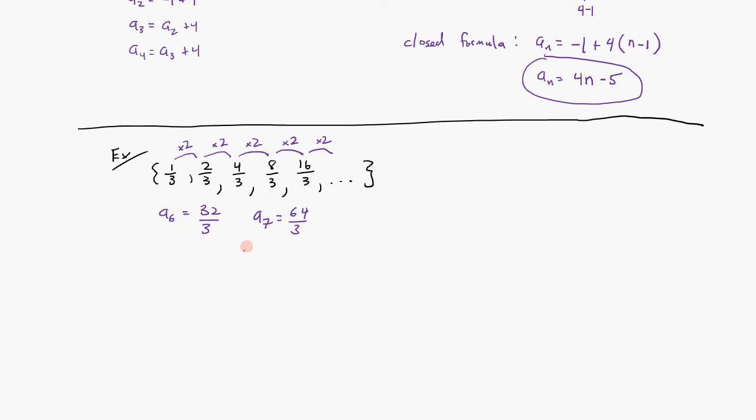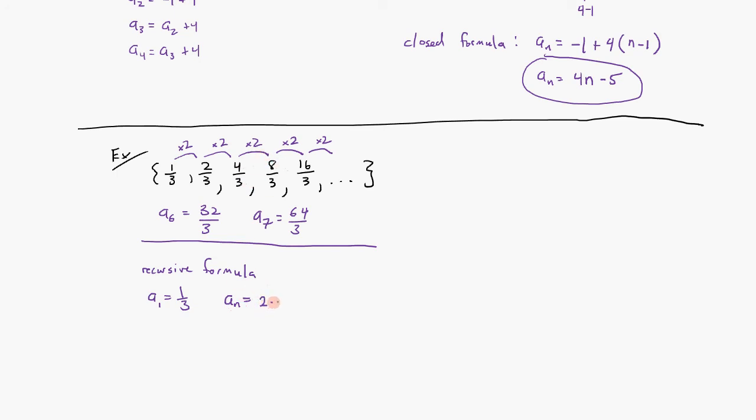Okay, so we can easily get the recursive formula again. So a sub 1 is equal to 1/3, and then each term, which we've just described, is twice the previous term.